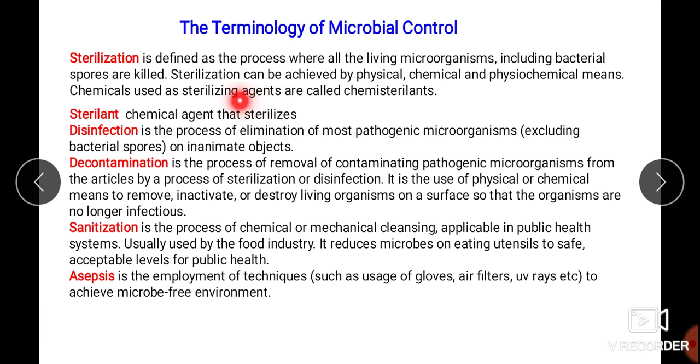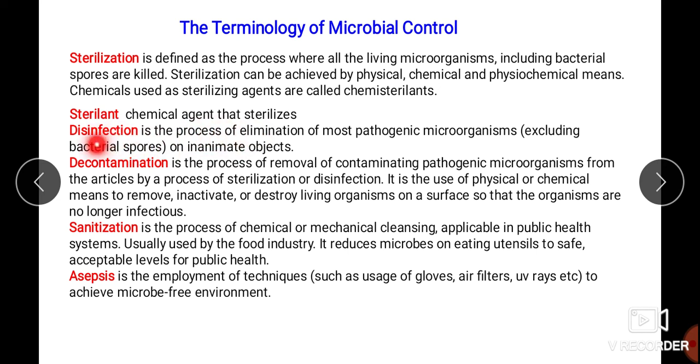Sterilization can be achieved in different ways, by physical means, chemical means, or physico-chemical means. The chemicals that are used as sterilizing agents are called chemisterilants. The sterilant is nothing but a chemical agent that is used for sterilization purposes.